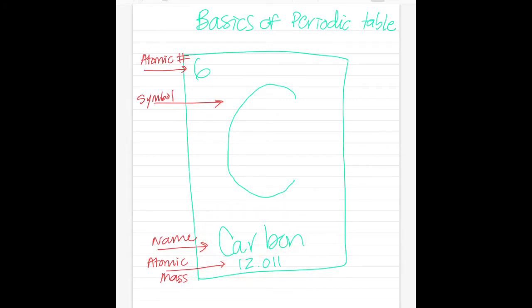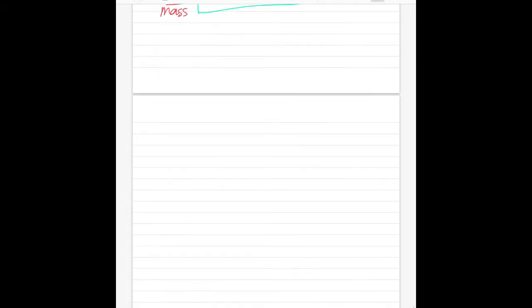Now, some other things that I want to talk about. Let me go to a new page here. I'm going to draw a real basic drawing of a periodic table. Remember that you also should be writing these things down in your notebook. I'm not going to fill these things in.